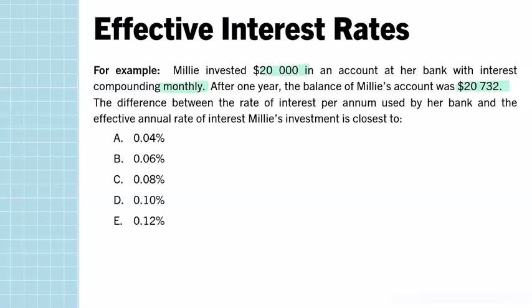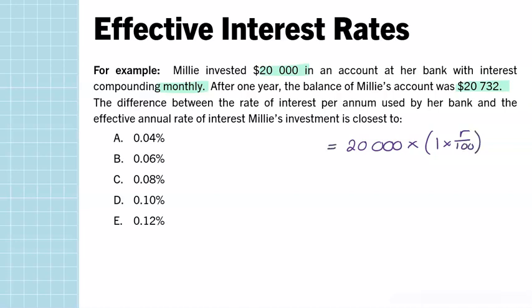So we can firstly find the effective rate by looking at that 1 year worth of increase. Our value at the end of 1 year would be the initial value multiplied by 1 plus our rate over 100.